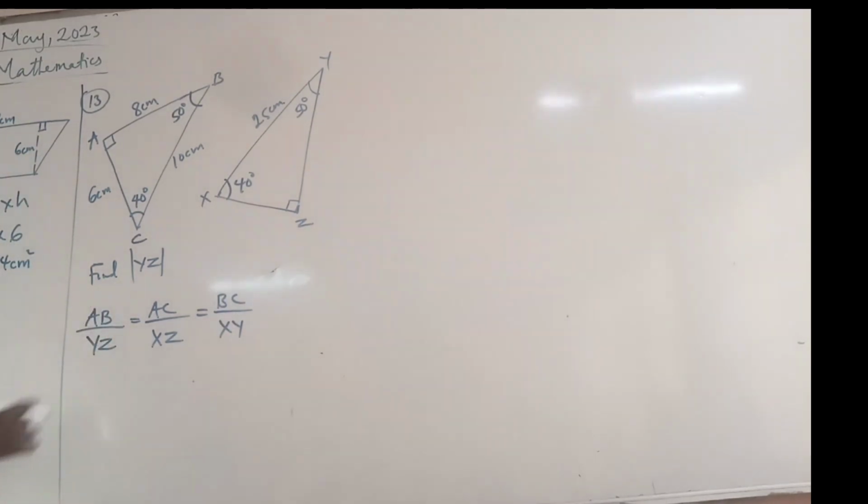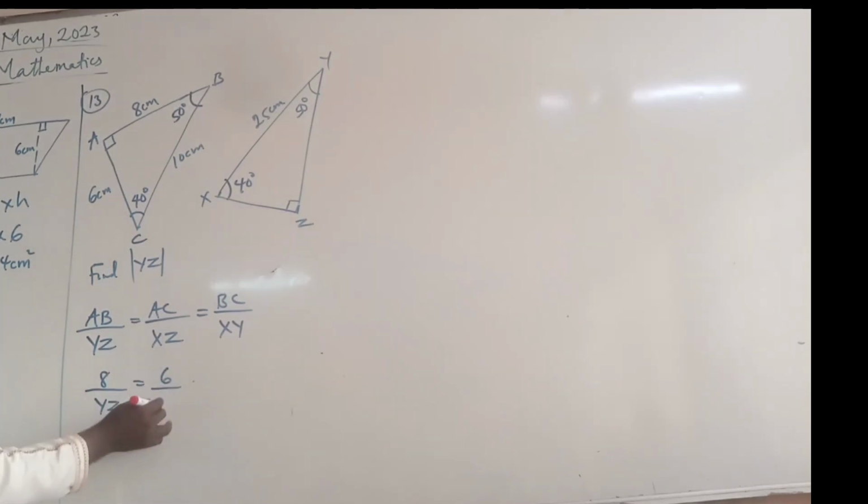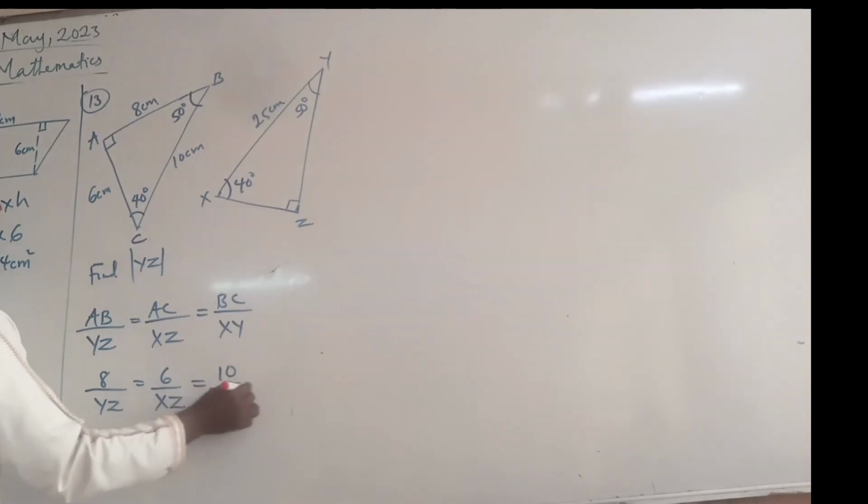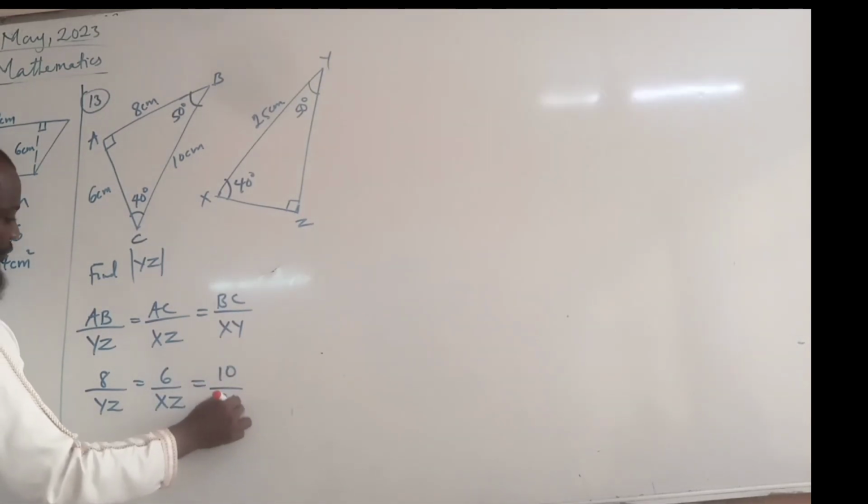So let's now put the values of the lines. AB is 8. YZ, we don't know YZ. Equals AC is 6. And XZ, we don't know it. Equals BC is 10. XY is what? 25.